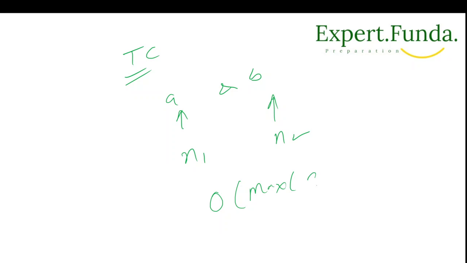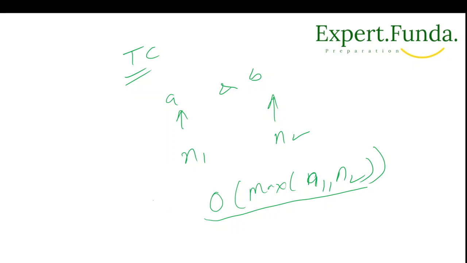The time complexity: we have a and b, suppose a has length n1 and b has length n2. We take the maximum of n1 and n2, and that will be our time complexity. So always think about this.